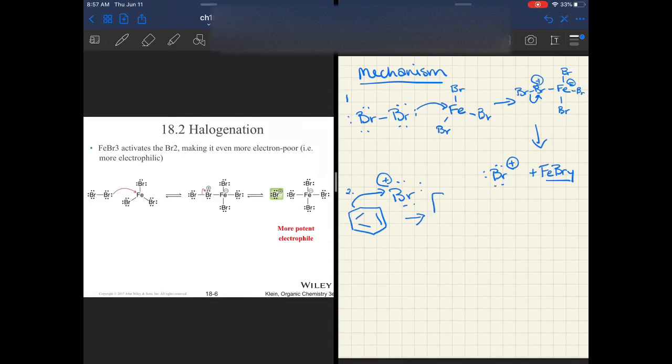Now, what we draw next is important, and we are going to draw it over and over again. You are going to have your bromine added to the ring and a plus charge. Breaking aromaticity isn't ideal, but it is stabilized by resonance. And this set of resonance structures has that plus charge shared across the ring.